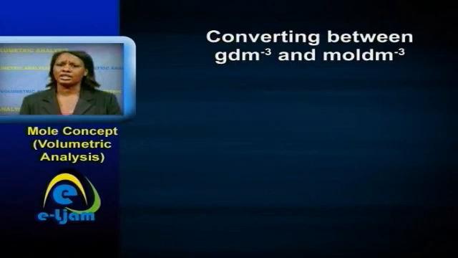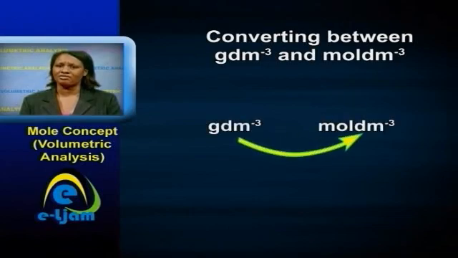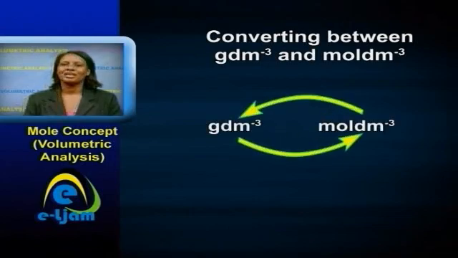Another conversion that is an absolute necessity is the ability to convert from grams per dm cubed to moles per dm cubed and vice versa. Given that volume is expressed in the same unit in the units of concentration, then it becomes a matter of merely converting given mass in grams to moles.